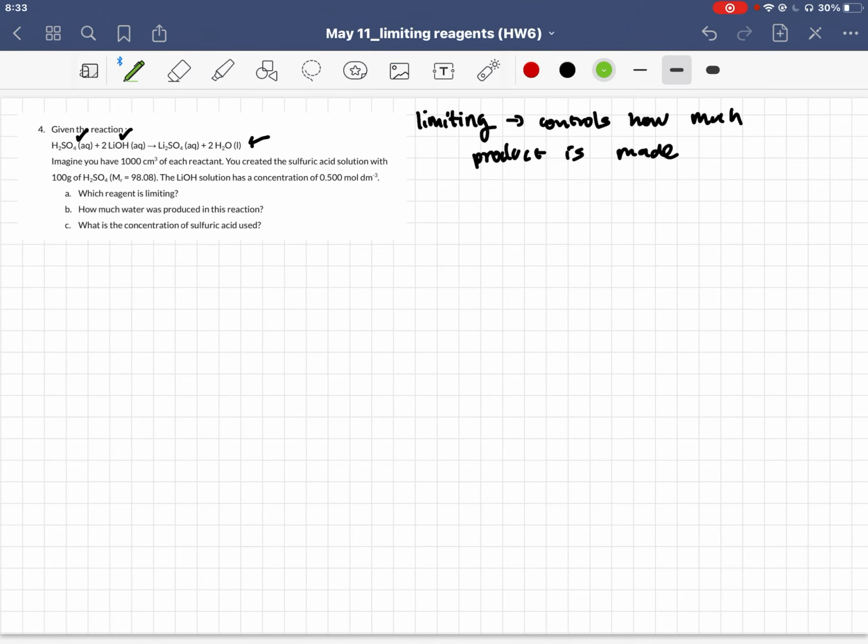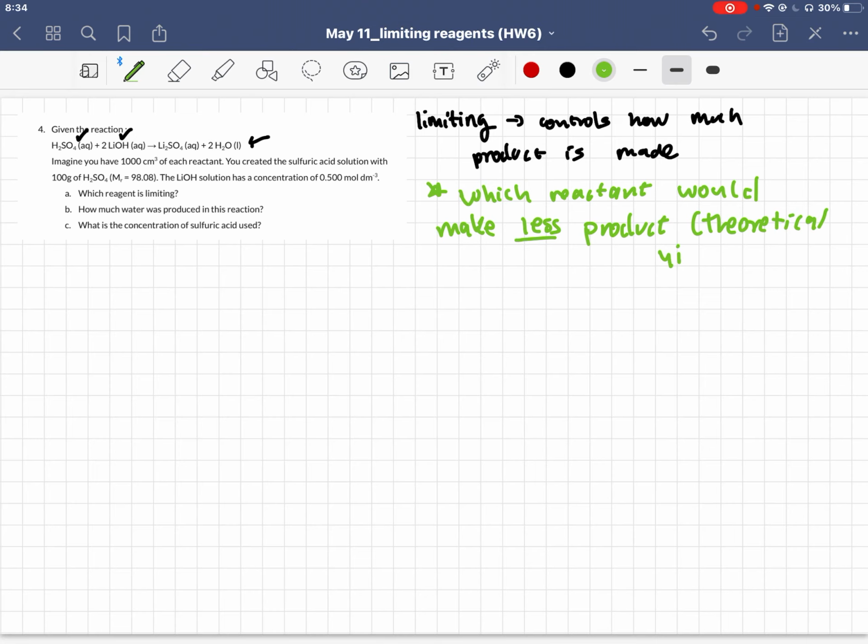So in order to determine the limiting reactant, we're asking ourselves which reactant would make less product based on theoretical yield, or the amount of product I expect to make based on molar ratios.